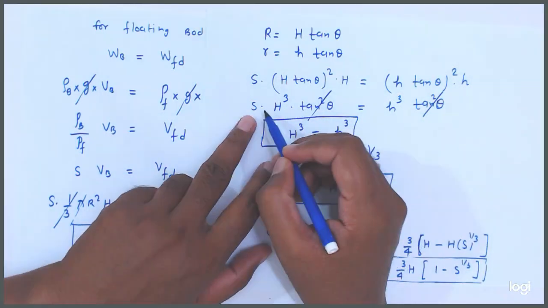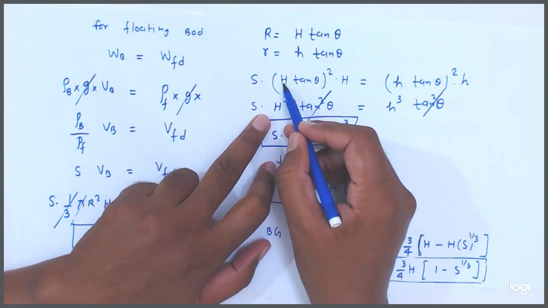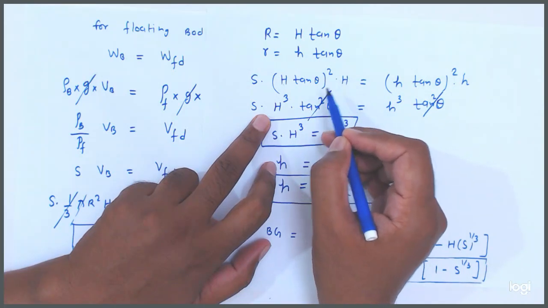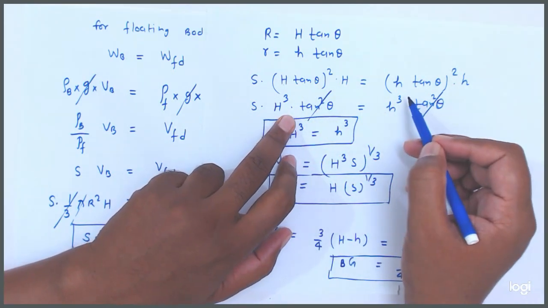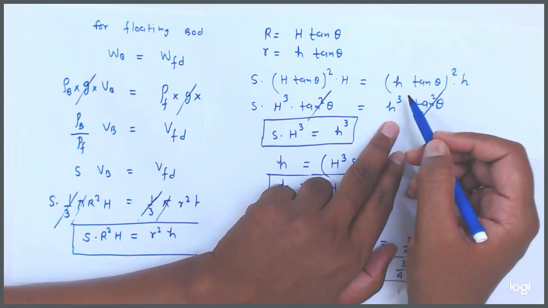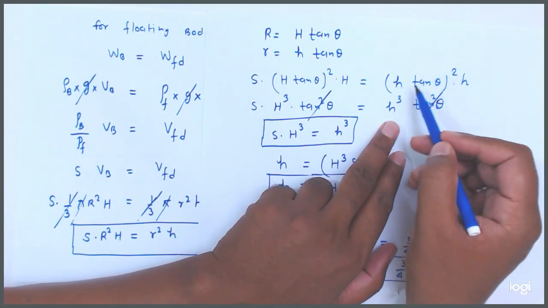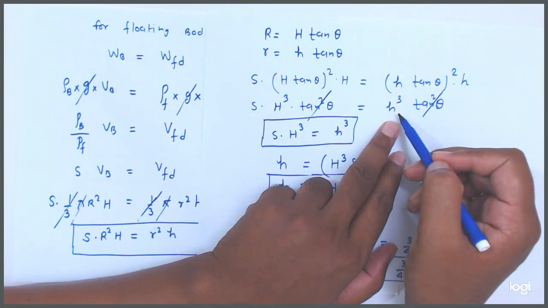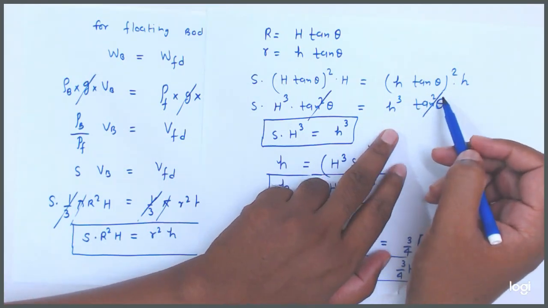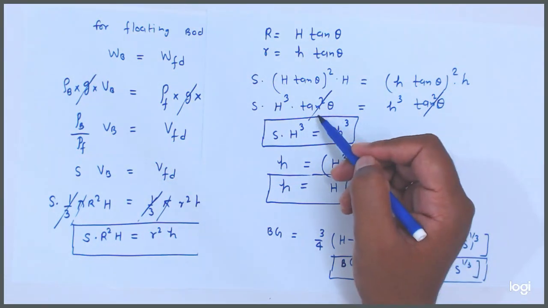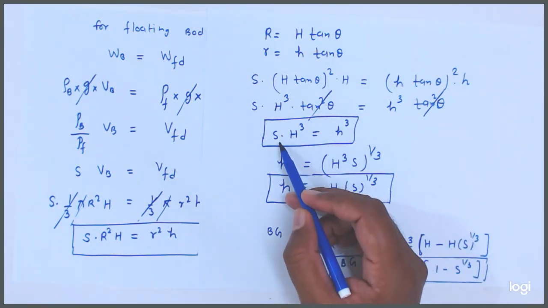Friends, here you see S is S. Okay, this is S into capital H square into capital H, so capital H cube into tan square theta, equal to small h square into small h, so small h cube into tan square theta. So from here tan square theta and tan square theta cancel out. What is left here?